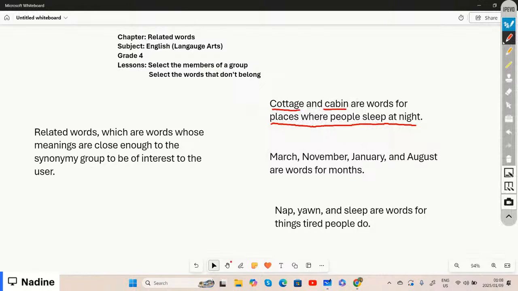So cottage or cabin are words for places where people sleep at night. Cottage and cabin, once again, are under the group of places where people sleep at night. So now they have this group, places where people sleep at night, and synonymy words that relate to it.